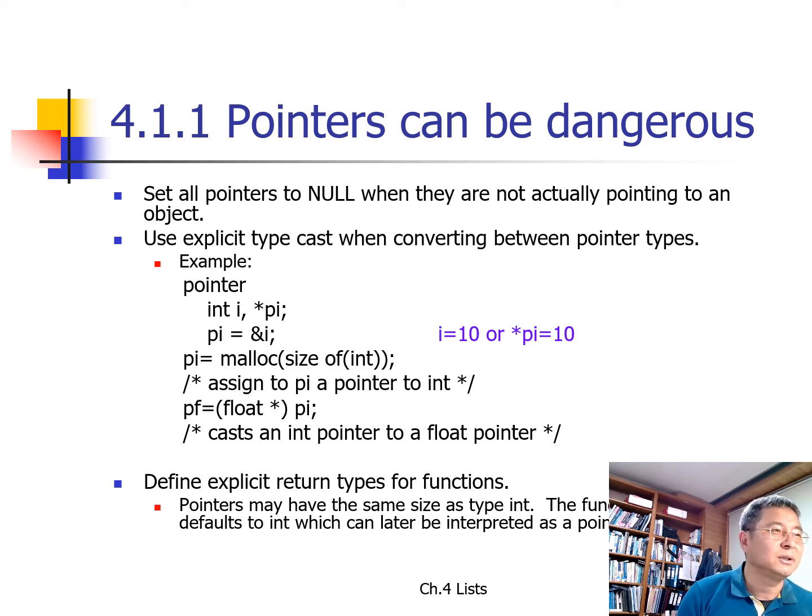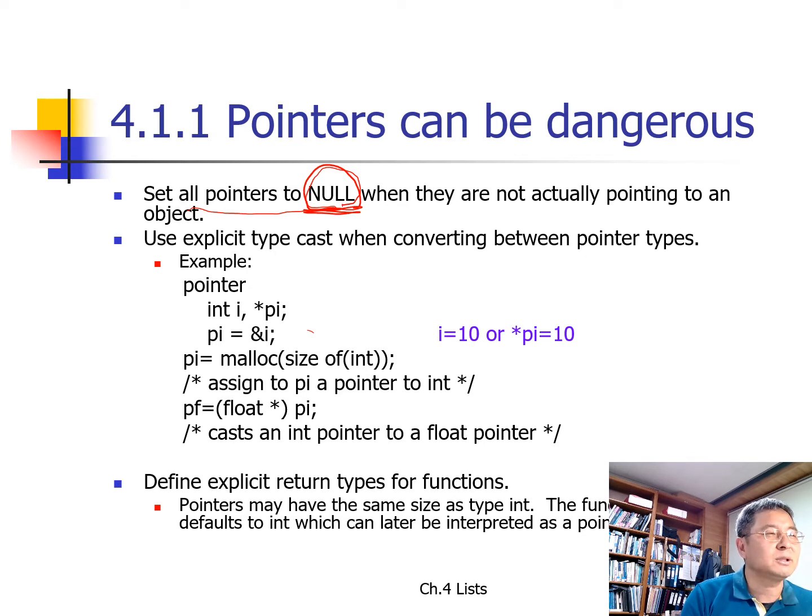Especially if pointer variables are not assigned, we must assign null values to them. So set all pointers to null when they are not actually pointing to an object, not initialized. When a pointer variable is not initialized, we can always assign null values to the pointers.